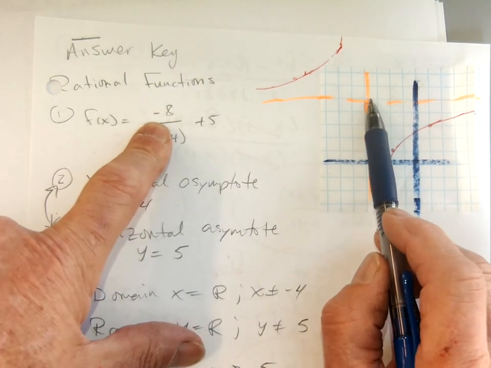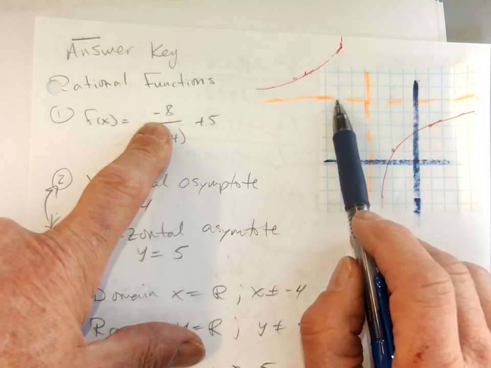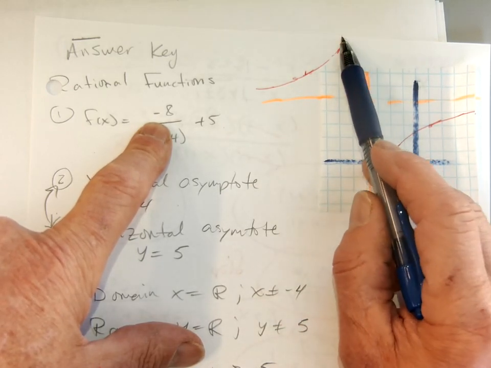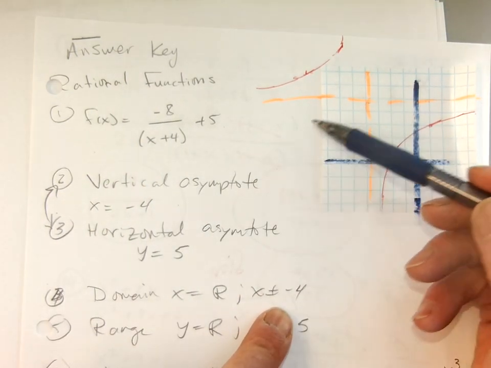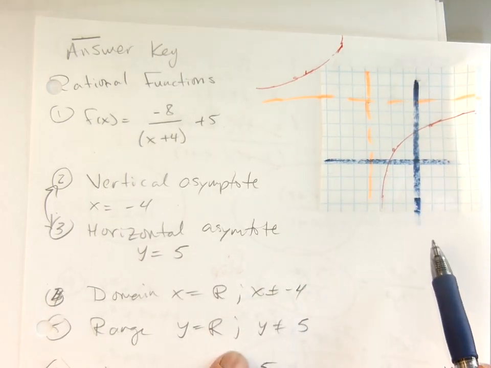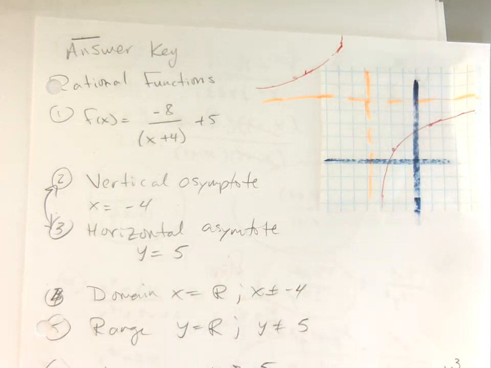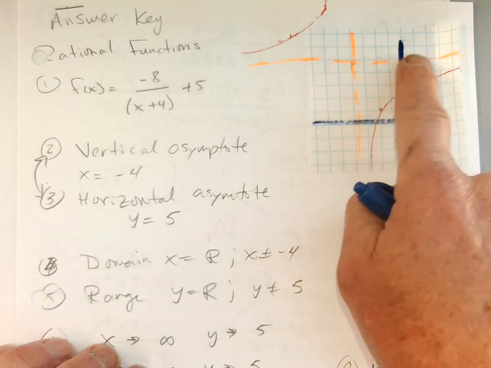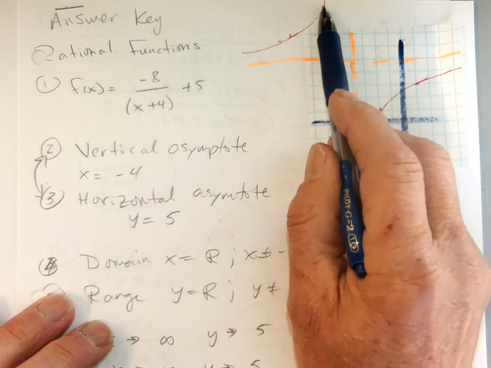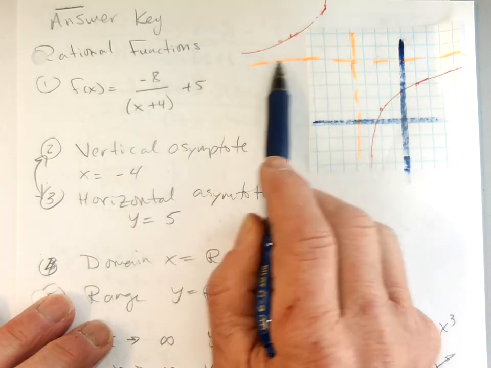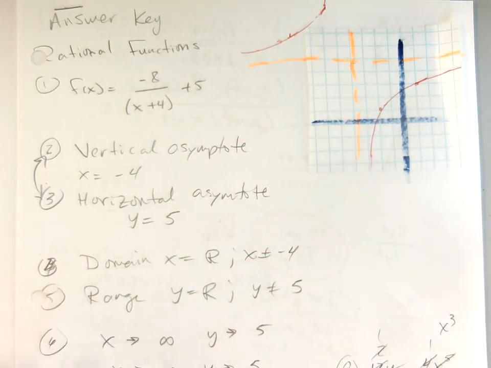In quadrant 3 I'd have -8 and 1, or -2 and 4, and then I get this, okay? So the domain is all real numbers, except x cannot equal 4. The range is all real numbers, except y cannot equal 5. And behavior, as x approaches infinity, the graph y approaches 5. And as x approaches negative infinity, the graph approaches positive 5 also, okay?